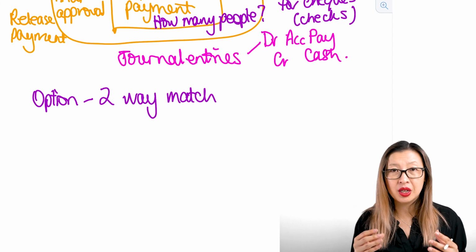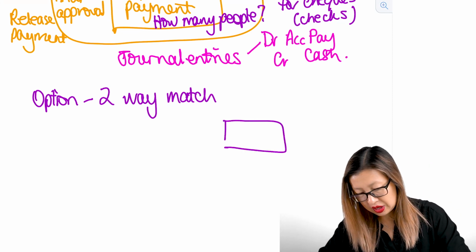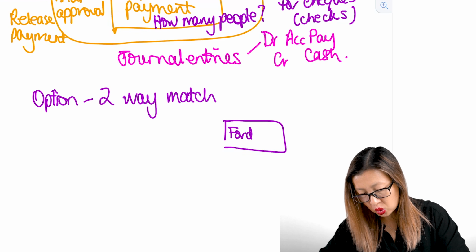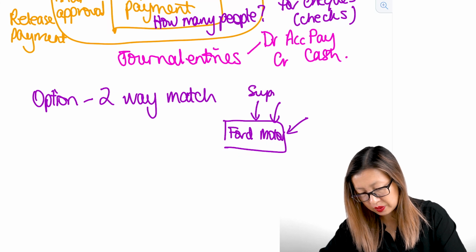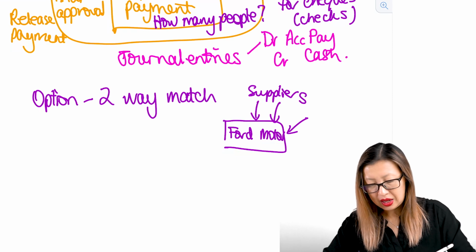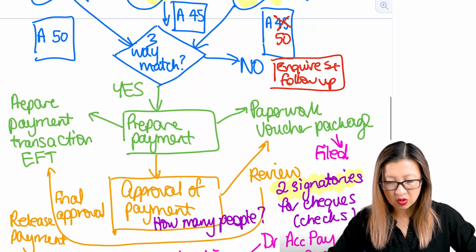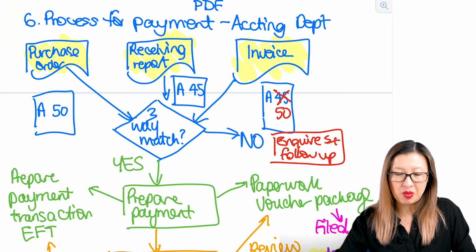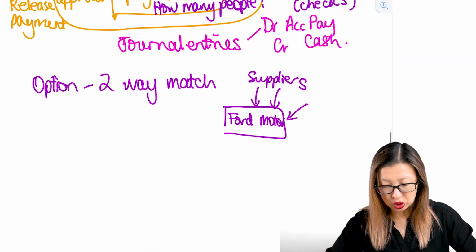So you have a company. So let's say, I think it started with Ford Motor Company, and they have lots and lots and lots of suppliers. Okay. And they said, well, we're actually going to try and make the process easier. And rather than having a three-way match, I'm only going to have a two-way match.